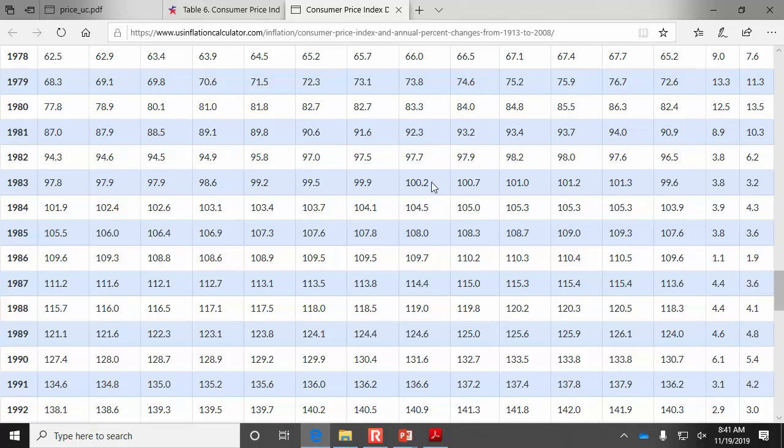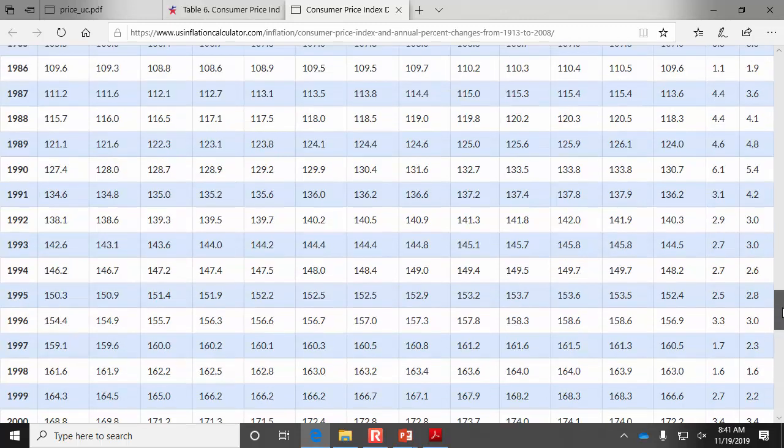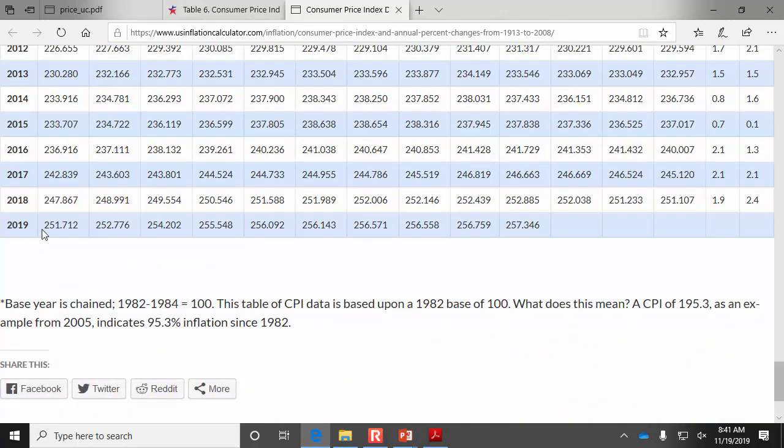So if you would need $100 to go towards the cost of living in 1984, nowadays we would need about $250 to buy the same things. Oh, here it's saying the baseline is 1982 of 100.